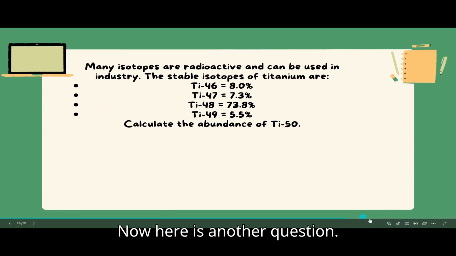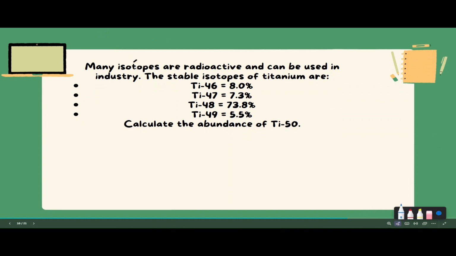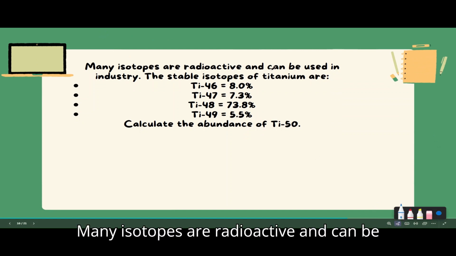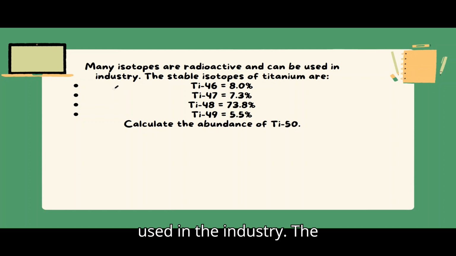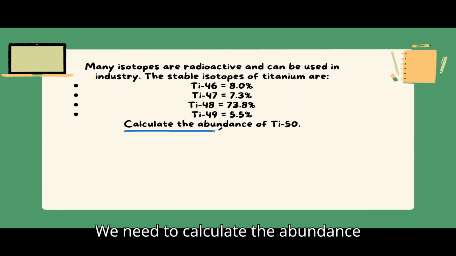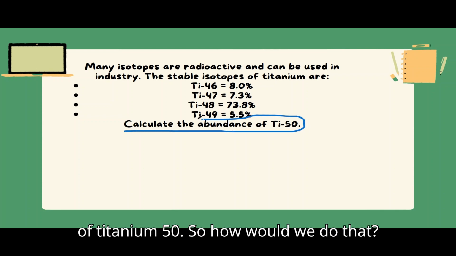Now here is another question. Many isotopes are radioactive and can be used in the industry. The stable isotopes of titanium are these ones. Titanium 46, 47, 48, 49. We need to calculate the abundance of titanium 50. So how would we do that?